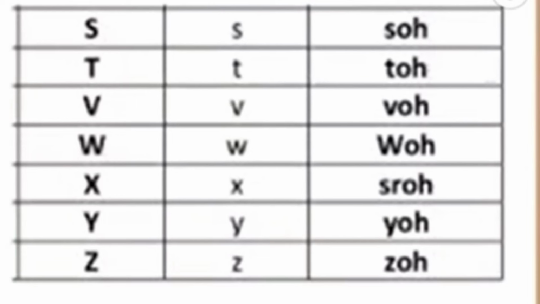Okay? So the next letter in the fifth batch is the letter W, both in capital and lowercase, and the pronunciation in foreign language is W. Next, we have the letter X, both in capital and lowercase, and the pronunciation in foreign language is str. Next, we have the letter Y, both in capital and lowercase, and the pronunciation is y.